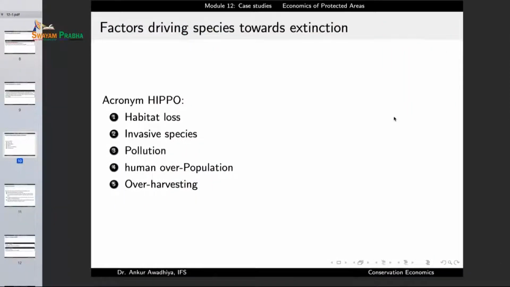And we can summarize these factors with the acronym HIPPO: habitat loss, invasive species, pollution, human overpopulation, and overharvesting are the factors that have been driving species towards extinction. And when we are talking about protected areas, they protect the animals and plants that are inside from these five things.